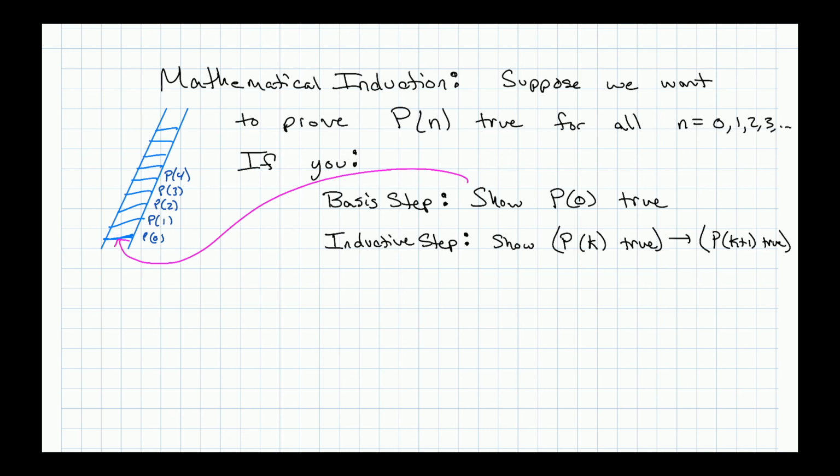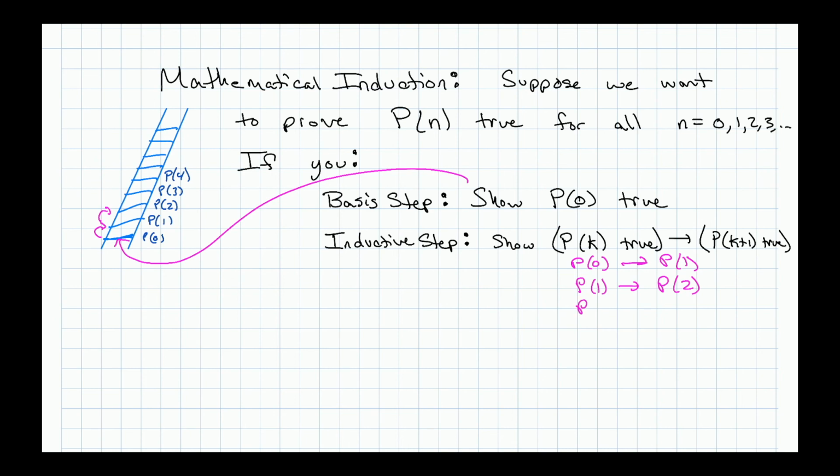But then the induction step says, well, if P of 0 is true, then that must mean P of 1 is true. So that would get you from here to here. But now P of 1 is true, so P of 1 true implies P of 2 true. And then that takes you one more step on the ladder.